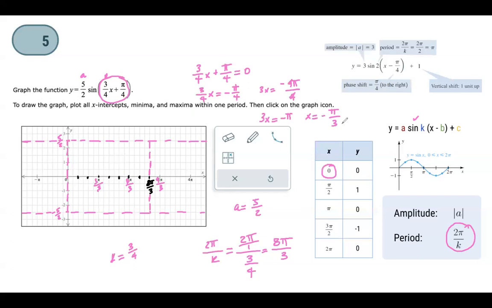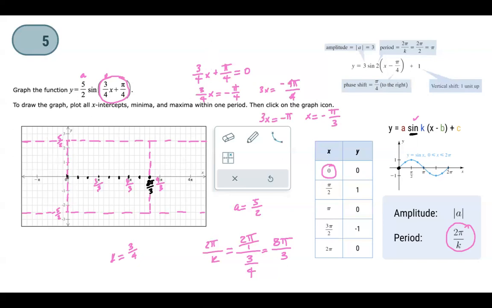So what that means is that this is going to be shifting pi over 3 units to the left. This is a sine wave. So instead of starting here and ending here, this is to be shifted pi over 3 units to the left.